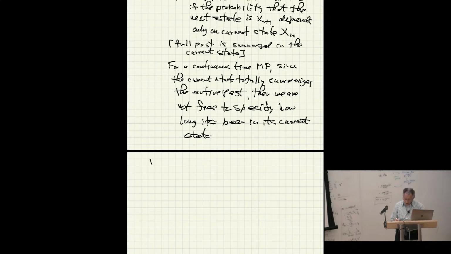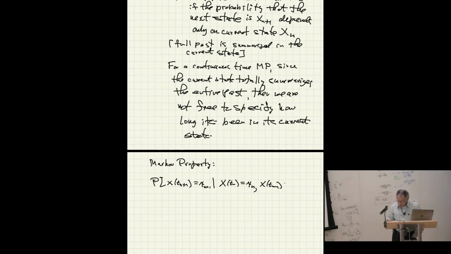So the Markov property is written as follows. It says the probability that X of T_n+1 takes on the value little x_n+1, given a whole bunch of information, that at time T_n you're in state x_n, and at time T_n-1 you're in state x_n-1, dot, dot, dot, all the way out to time 1.